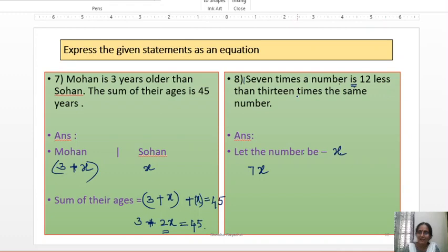What do you mean by 12 less than 13 times? 13 times the same number x, so 13x, and 12 less than means subtract 12. You got the equation, right?